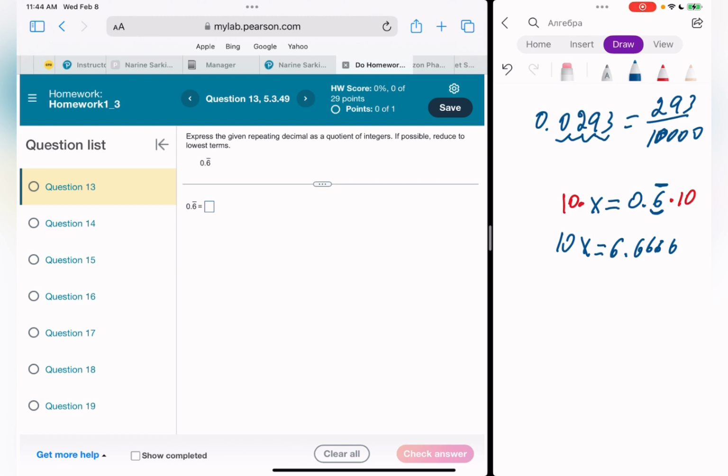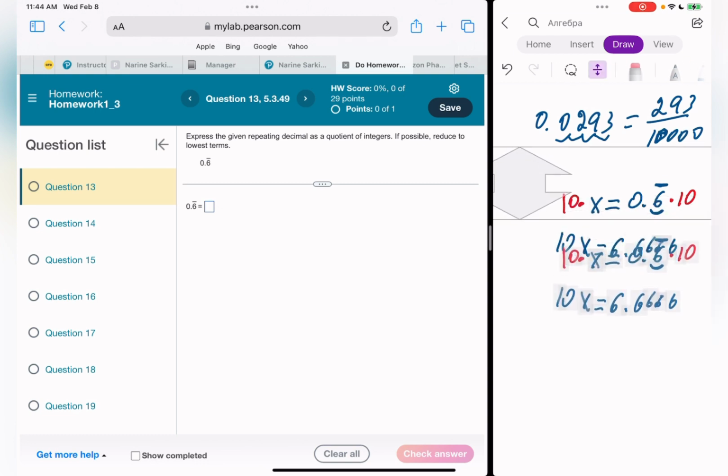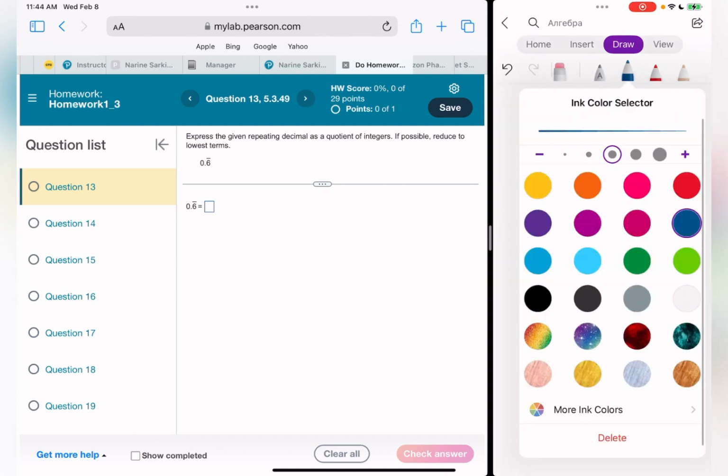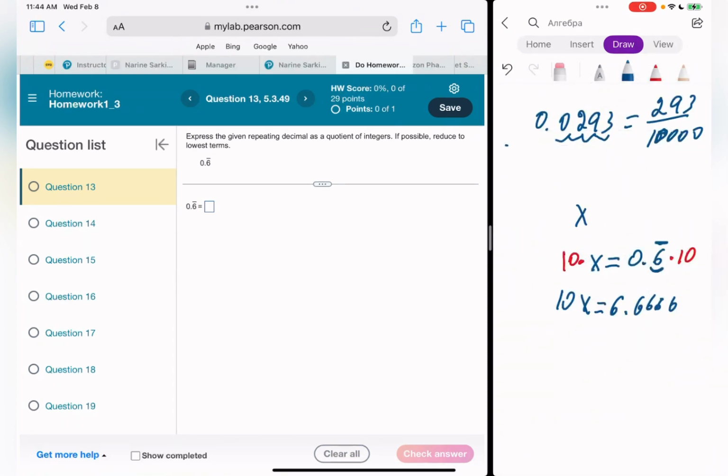From here, originally I had x is equal to 0.6 or 0.666, and one more 6 I can put, it doesn't matter.